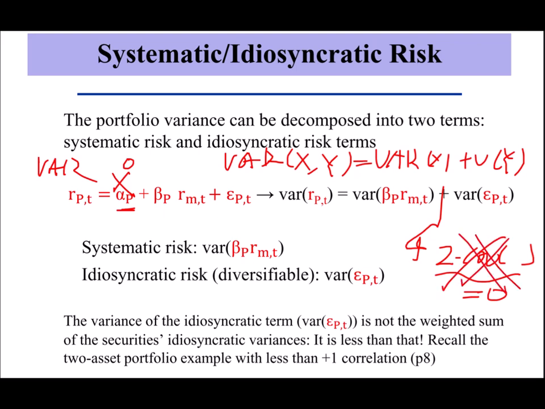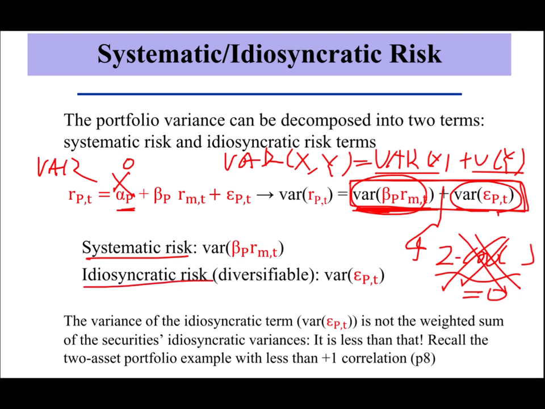So the covariance is equal to 0. Variance of portfolio return is equal to variance of beta P RM plus variance of EP. And we call the first term, the variance related to market movement, the systematic risk. And we call the variance of the weighted average of idiosyncratic terms the idiosyncratic risk of this portfolio.